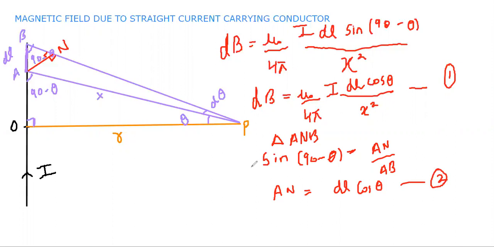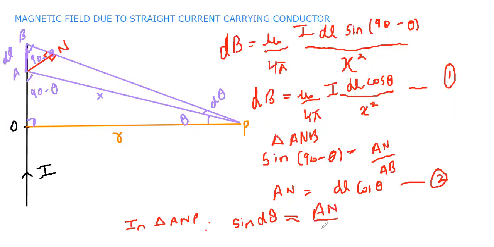Okay. Now, if you see one more triangle, that is triangle A and P. If I again use sine d theta, sine again would be perpendicular divided by hypotenuse. So perpendicular would be AN and AP would be hypotenuse.